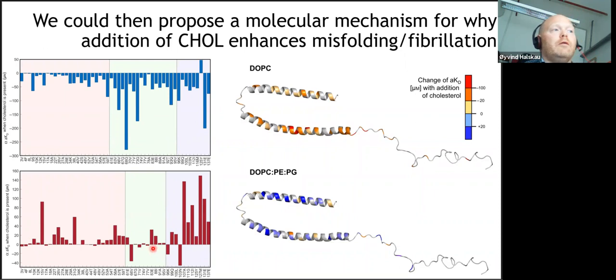So our interpretation was that even though cholesterol reduced the overall affinity of alpha-synuclein, it did still associate when cholesterol was present. And here comes the important part: when cholesterol is present, that forces alpha-synuclein to rely more on the NAC region for binding. So there's a shift in binding mode. Our interpretation was that as alpha-synuclein attached to cholesterol bilayers, the association became more superficial.